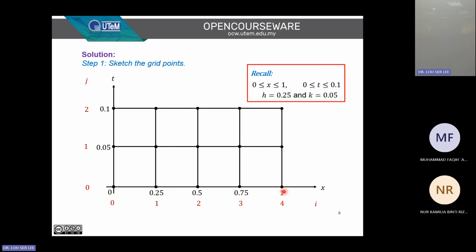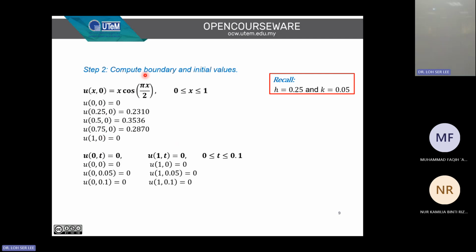T goes from 0 up to 0.1 with a step size of 0.05. So this is the first step: we sketch the grid points based on the given X and T intervals. Then next, we will compute the boundary and initial values.